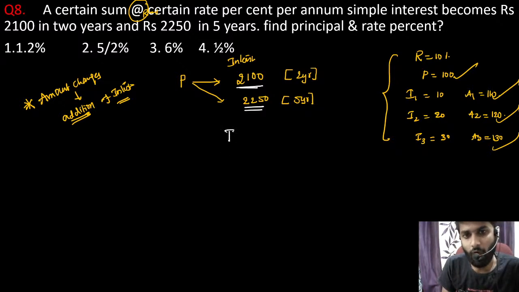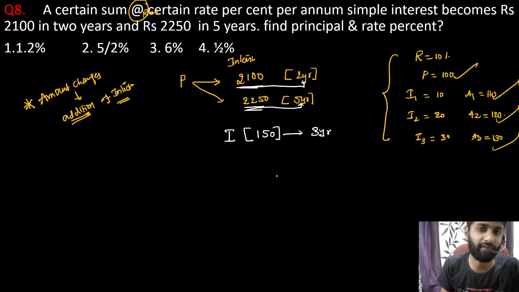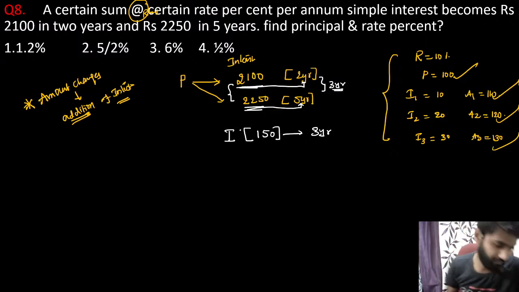Now see, how much interest was earned? 150 rupees of interest is increased over 3 years. Why? Because 2100 is for 2 years and 2250 is for 5 years. If you increase the duration by 3 years, the increase in interest is equal to 150.